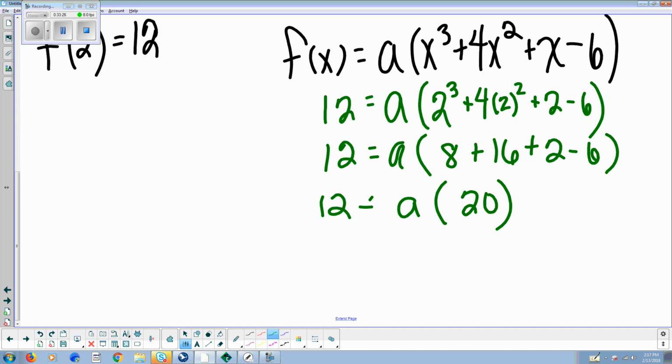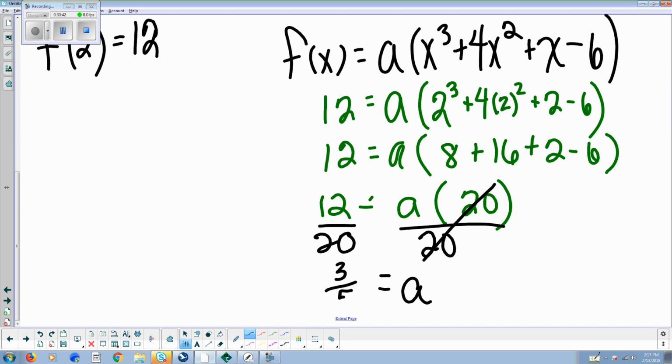So if I want to know what a is, my stretch or compress factor, I divide by 20. And a would equal 12 over 20, which reduces to 3/5. There is a compress factor of 3/5 on this function.